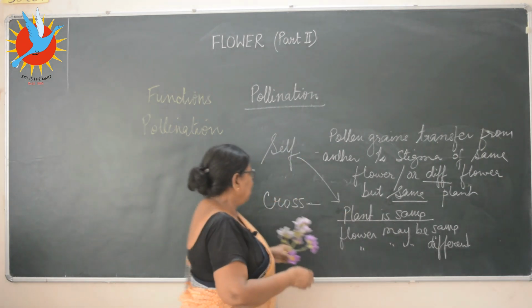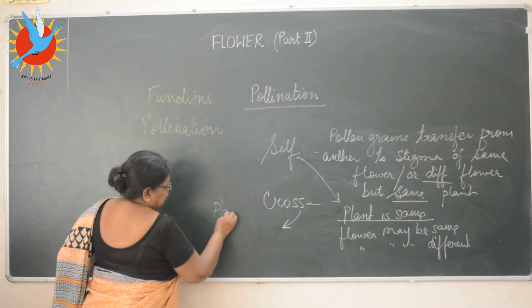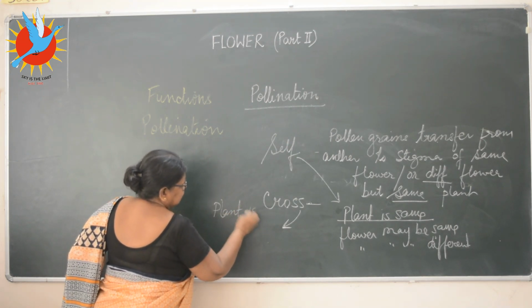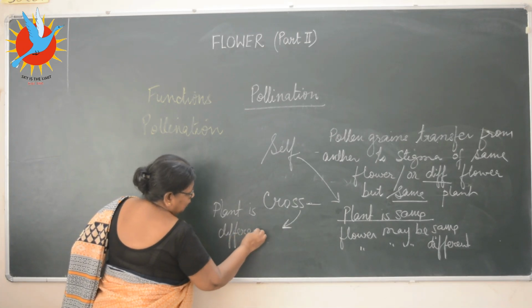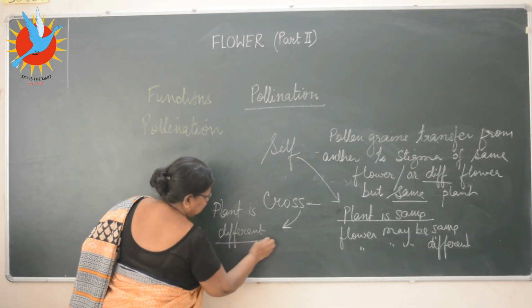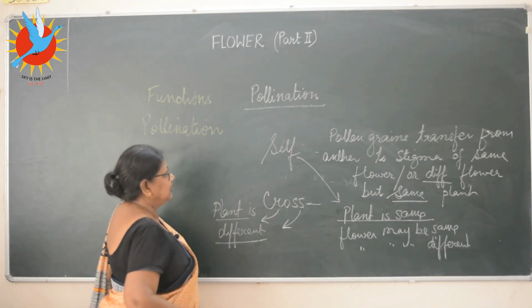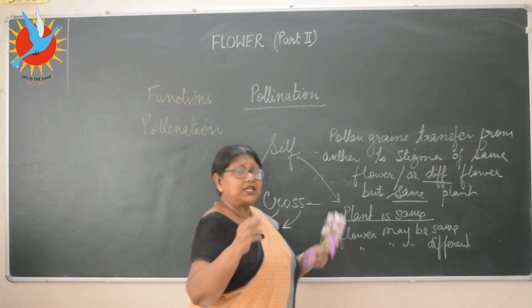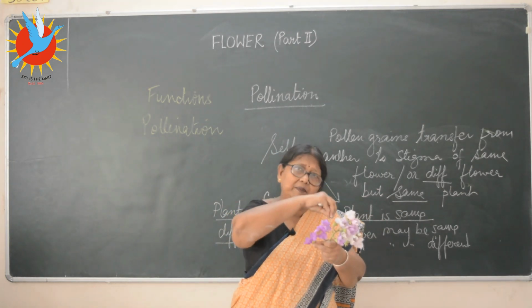Okay? Now what is for cross-pollination? The plant is different. If the plant is different, obviously the flower will be also different. For cross-pollination, plant is different. So it's very simple. Pollination is only pollen grains from anther to the stigma.